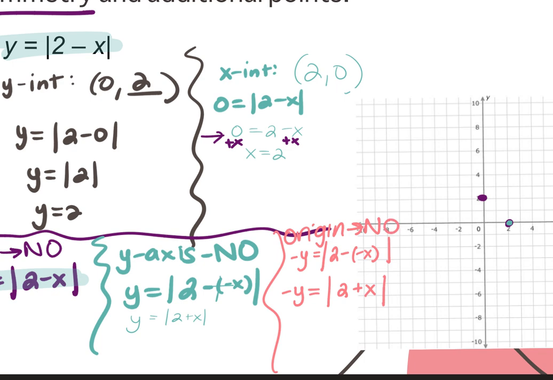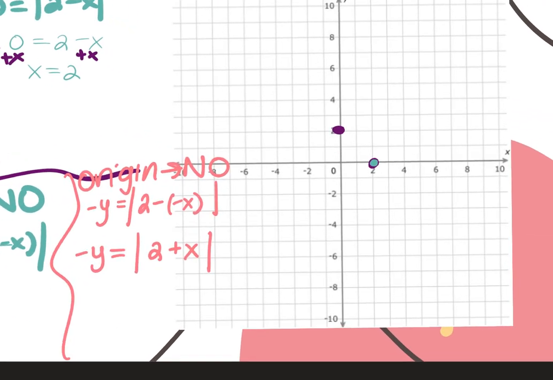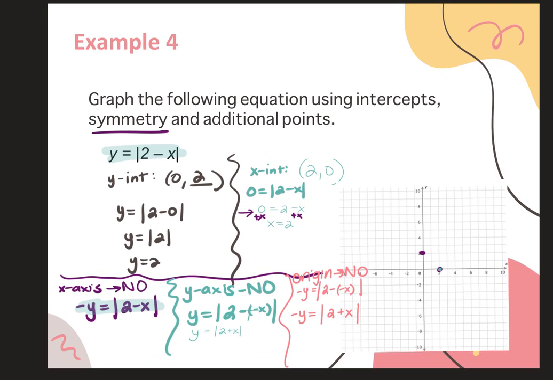If it was symmetric to the origin and I had a point in this quadrant, I could reflect it to this quadrant. So if I knew (1, 1) existed, I could make it (-1, -1). So that's how I could use origin symmetry. But none of that helped me this time, which means I fall to the last part of the instructions, which is I need additional points, okay?